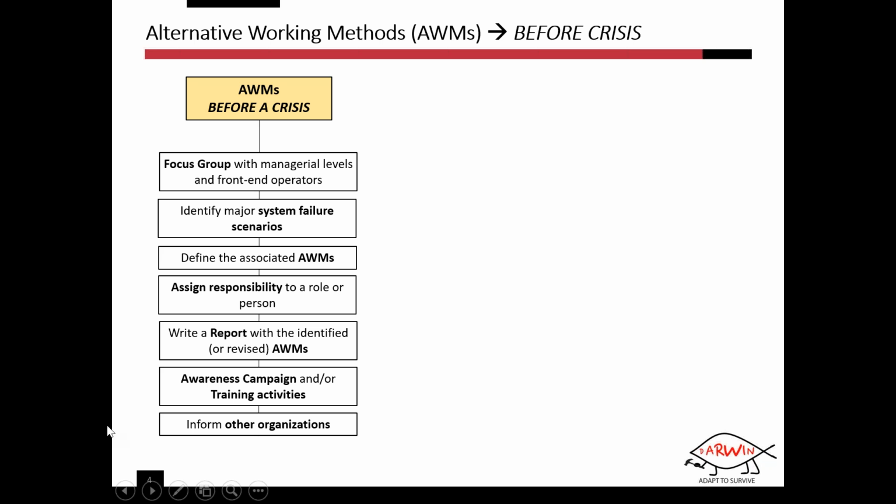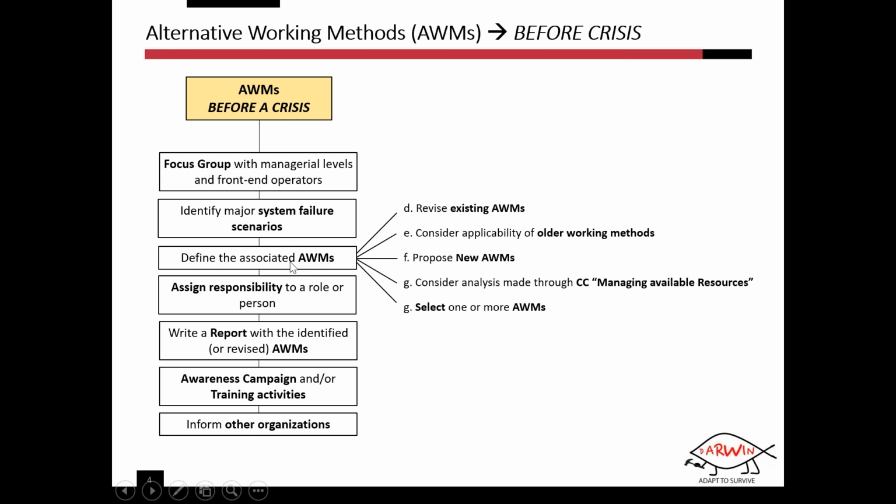And there may be cases in which it is essential to also inform other organizations of the possibility to activate this alternative working method, because the application of it has implications also for the work of other organizations. And among these steps, the most complex one is, of course, the definition of the alternative working method.